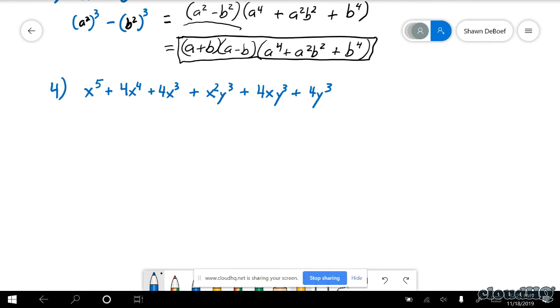Am I able to combine any like terms here? I do not have any like terms. I have an x to the 5th, an x to the 4th, an x to the 3rd, an x squared y cubed, an xy cubed, and a y cubed. They are all unique in their variable parts, so I cannot combine any like terms. But it is factorable. So this particular problem has 6 terms.